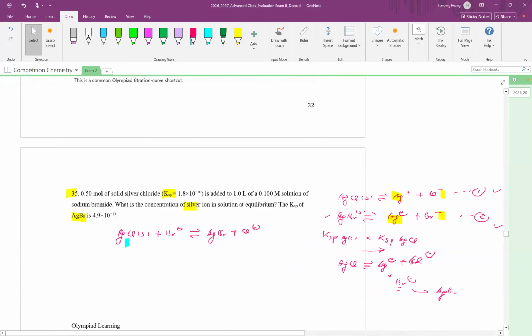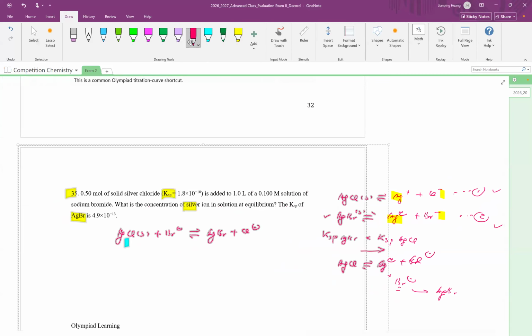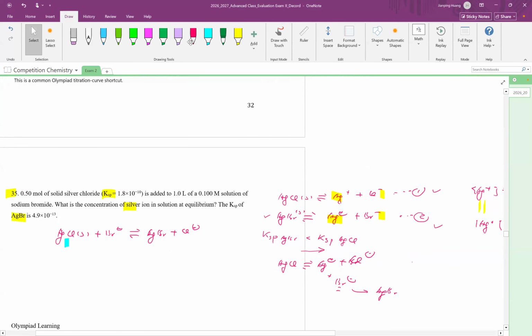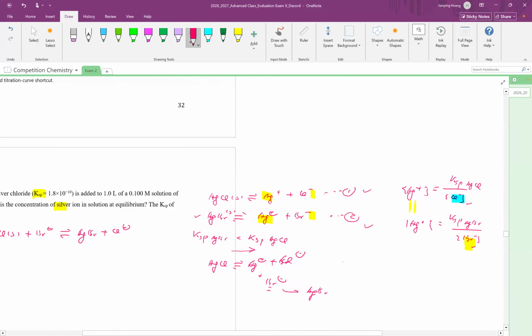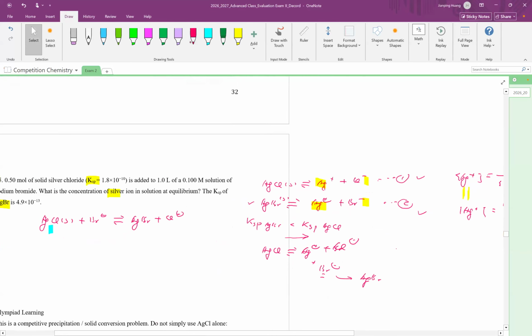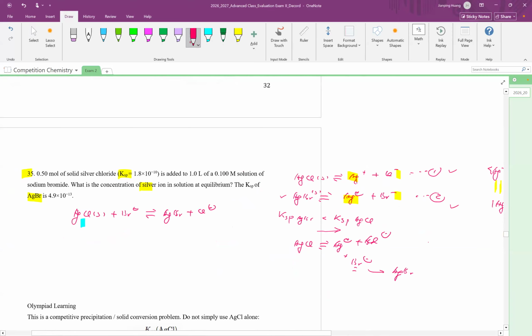Now let's do that. Remember, we need to find the silver ion. Either we need to find the concentration of bromide or chloride. It doesn't matter which one. Now, let's use this way. I'm going to use KSP.